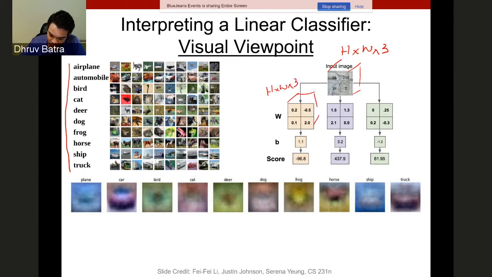For each of the plane category, car category, bird category, I've taken the weight row, converted it, and visualized them here. This height by width by 3 weight matrix has been visualized as an image for each of the categories.